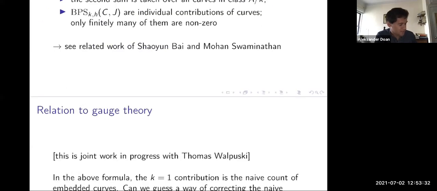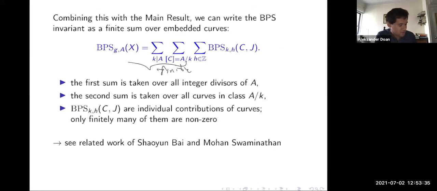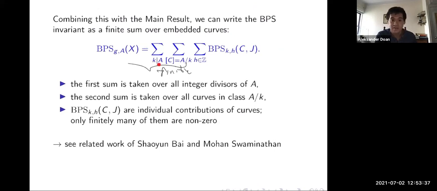This formula has many sums, but the sum corresponding to k equal to 1, so when you just look at curves representing homology class A, you can show that this first order contribution to the BPS invariant is given simply by looking at all curves in that homology class and counting them with signs. So that's what I call a naive count of curves.